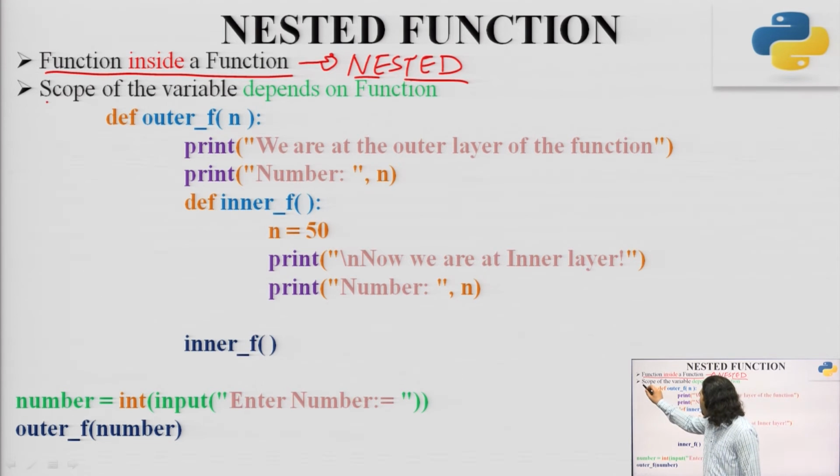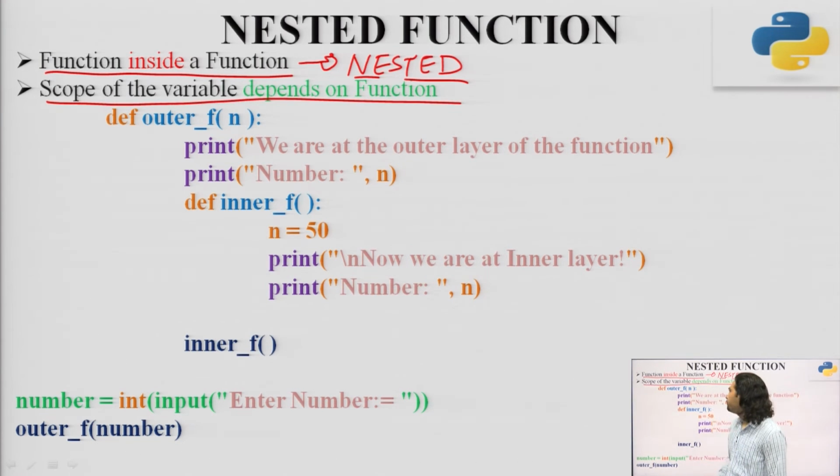The second important point is very important, because in the previous lectures we talked about the scope of the variable, and here the scope of the variable is given by the function itself. If the variable lies outside the function, it is referred to as global, and if that same variable lies inside the function, it is referred to as a local variable.